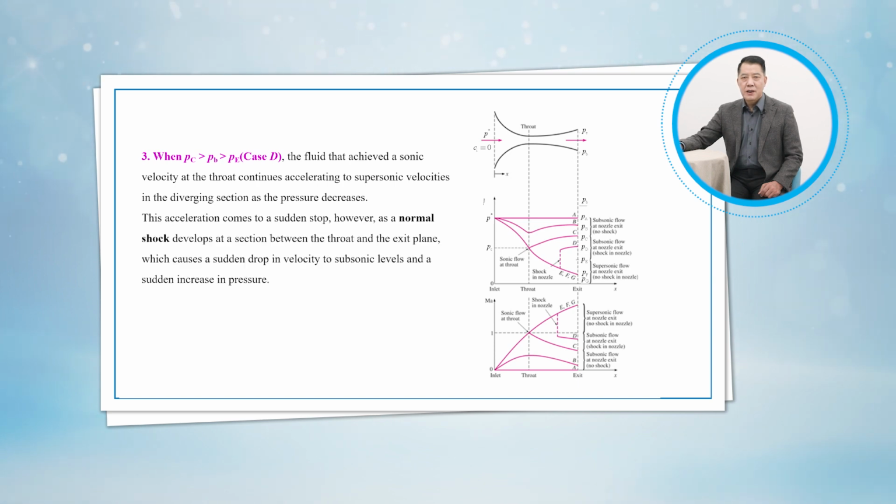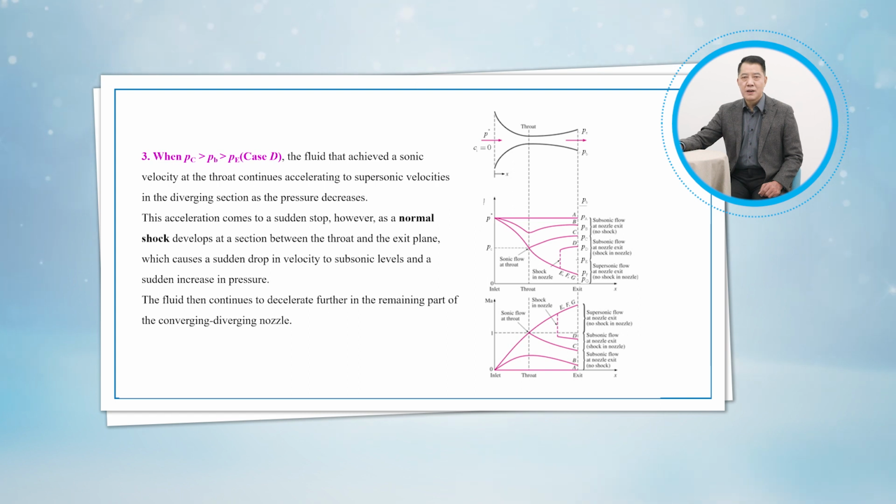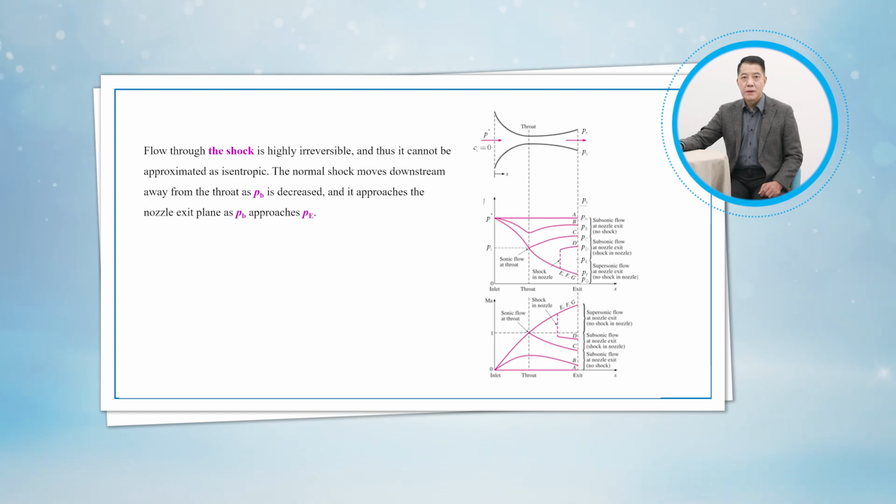This acceleration comes to a sudden stop, however, as a normal shock develops at a section between the throat and the exit plane, which causes a sudden drop in velocity to subsonic levels and a sudden increase in pressure. The fluid then continues to decelerate further in the remaining part of the converging-diverging nozzle.